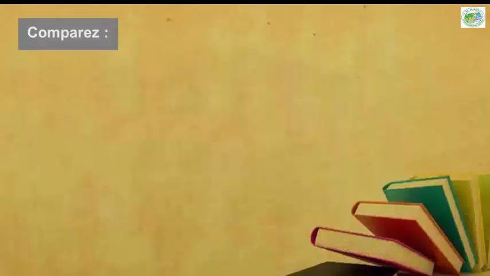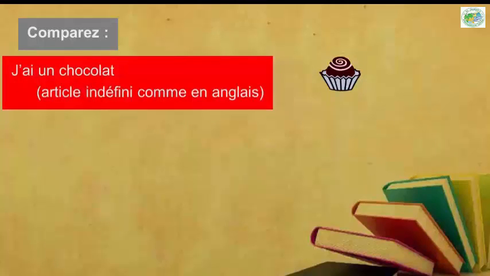Comparer. I'll give you three examples to better understand the concept of des articles partitifs. Okay, that's one piece of chocolate. J'ai un chocolat. The word un here, we define it as article indéfini comme en anglais, because we can count this amount.